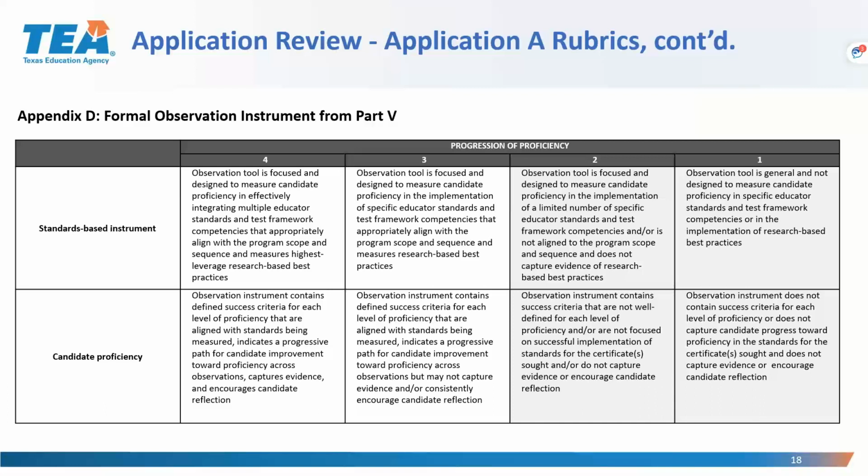TEA will verify that the observation instrument is designed to measure candidate proficiency in the curriculum standards and test framework competencies identified in the course curriculum table in Part 1.